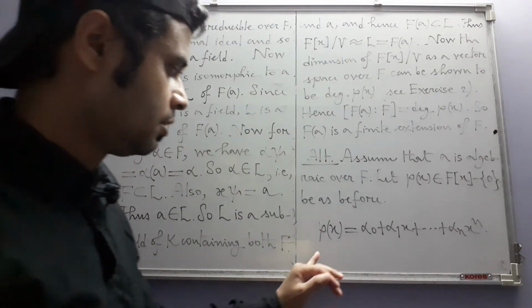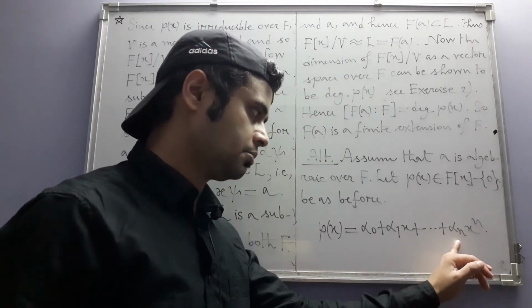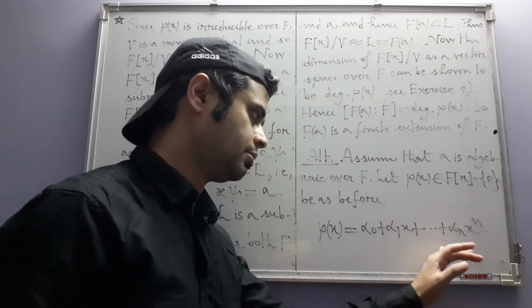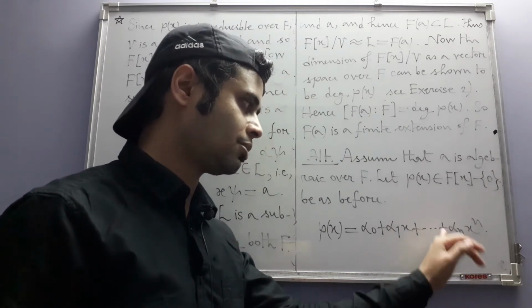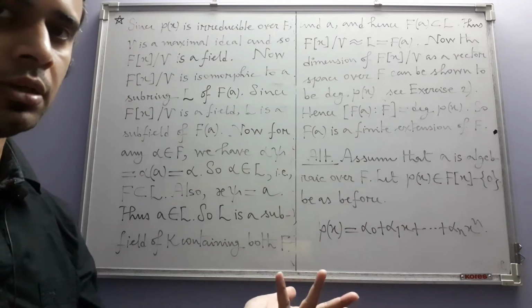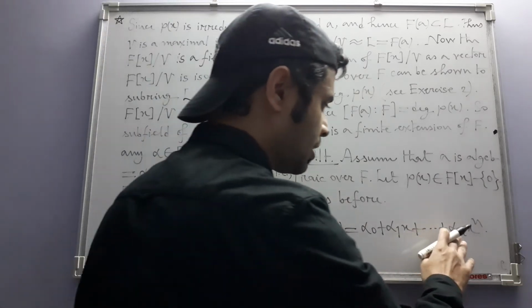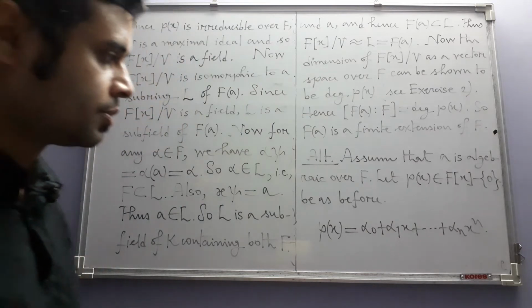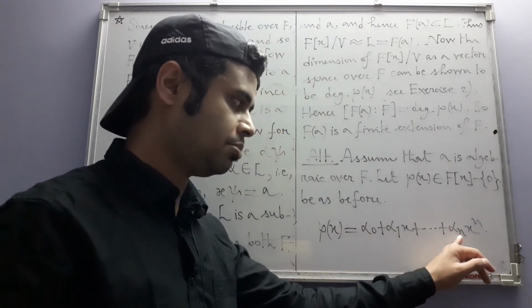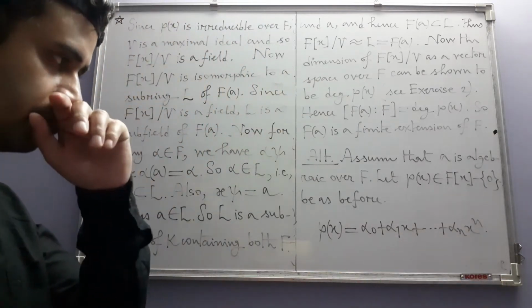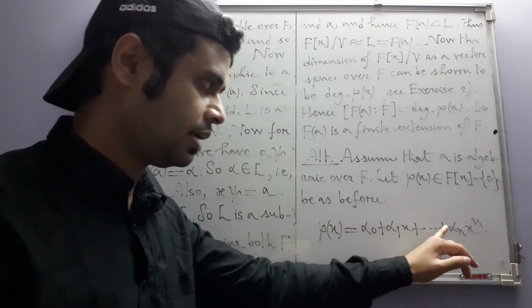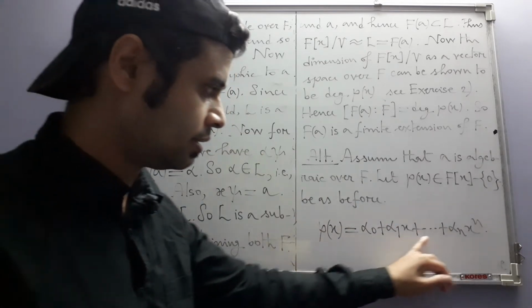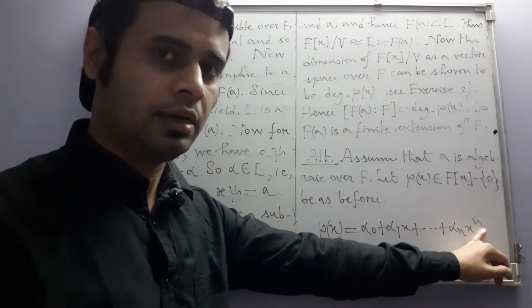Since we are writing alpha n, there is no point in considering alpha n to be 0, because if alpha n is 0, we can as well not write that term at all. We have written till alpha n means we are assuming that alpha n is non-zero, and in fact the degree of px is n, say.